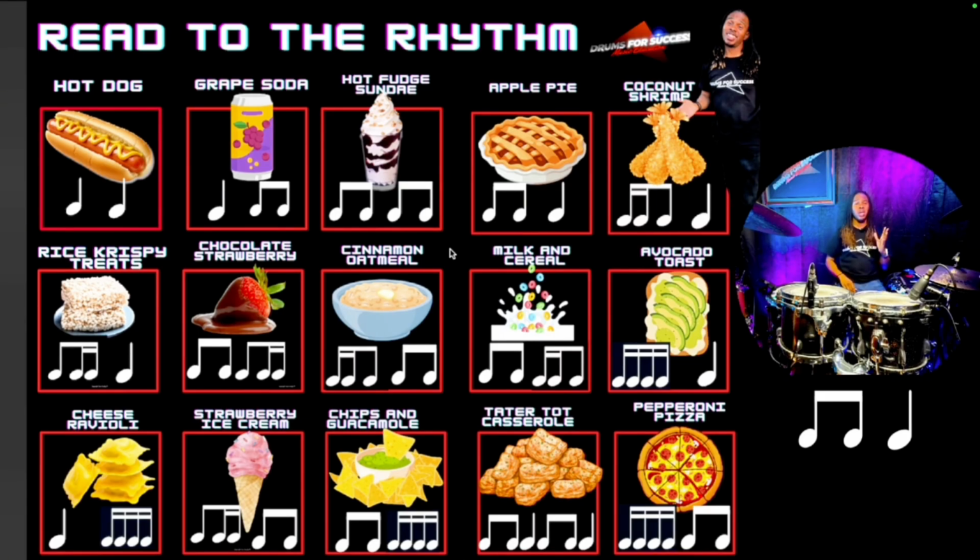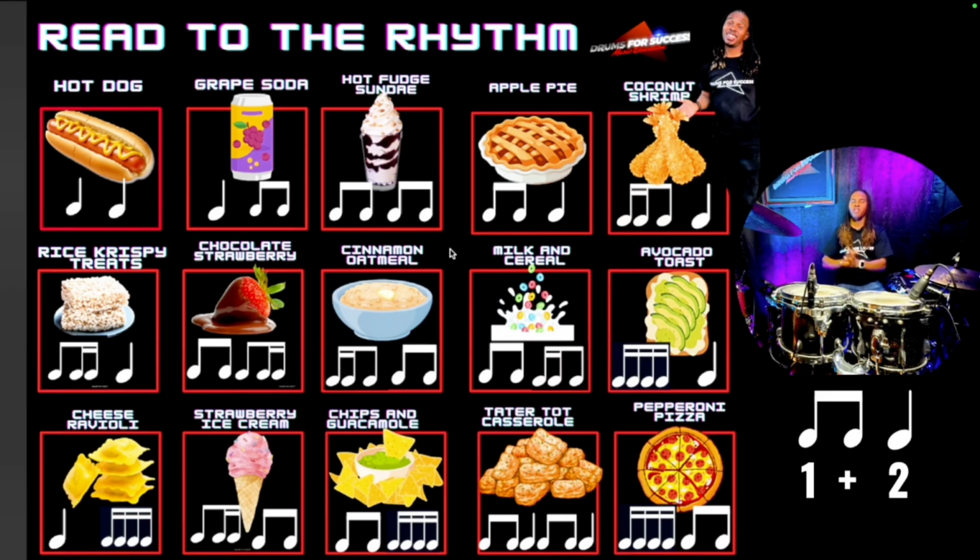Now remember, how do we count eighth notes? We counted 1 and 2 and 3 and 4 and, right? So if we look at apple pie, we got 2 eighth notes, and then right after it, we have a quarter note. So we got apple pie, we got 1 and 2, 1 and 2, 1 and 2, right?